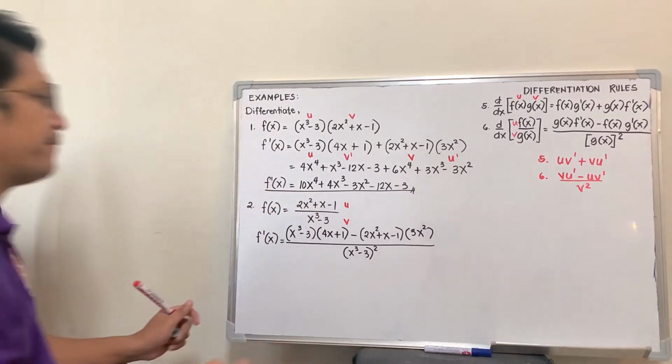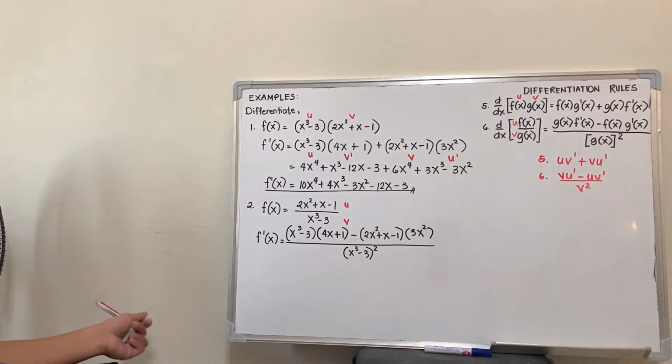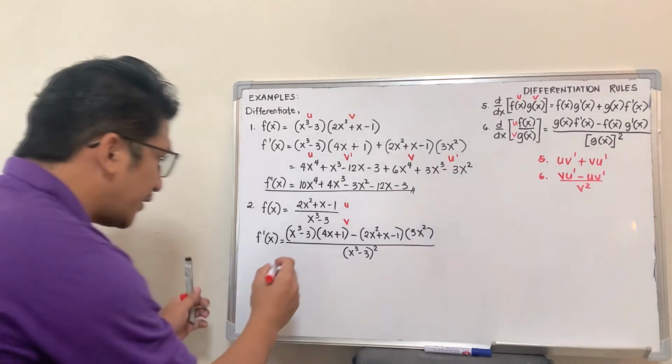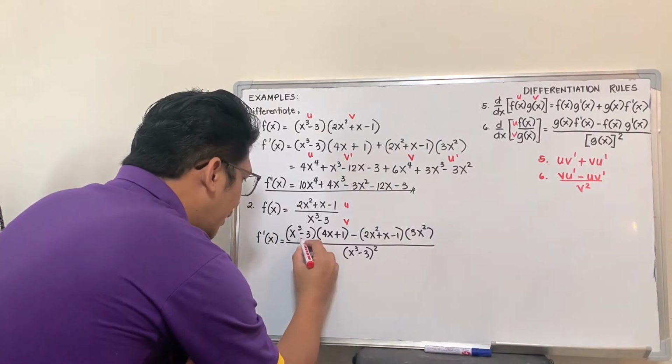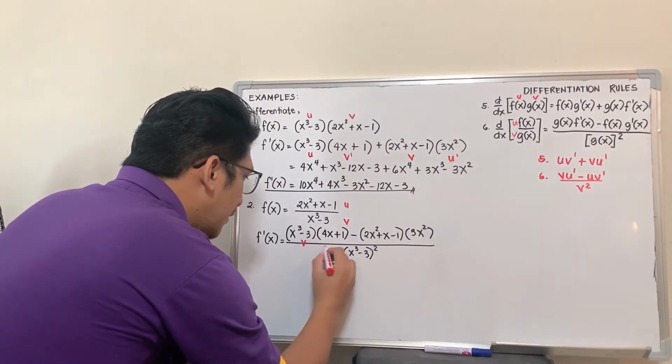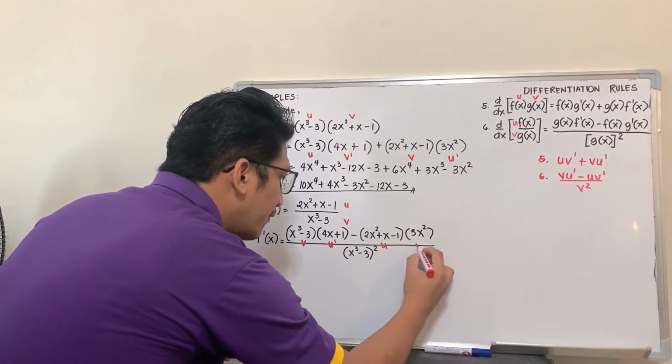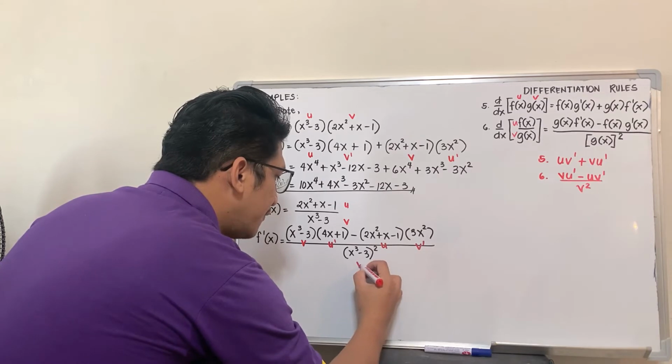So that's how you execute the quotient rule. The next thing to do is simplify. Again, this is v, u prime, minus u, v prime, all over v squared.